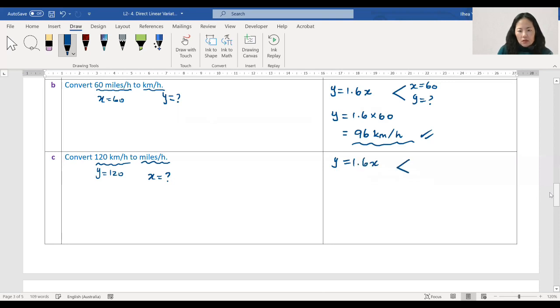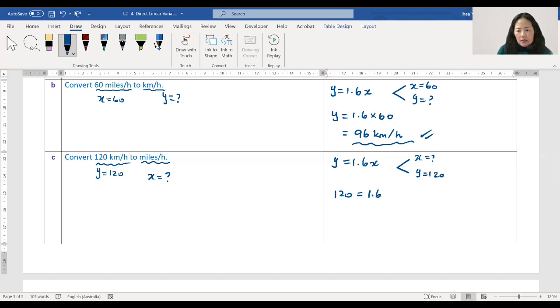We don't know what x is, but we've got y equals 120, so I'm going to substitute that in. 120 equals 1.6x. I'm going to move 1.6x to the left, 120 to the right, and then divide by 1.6 on both sides. My x will become 75. Now be careful with your units. We're looking for miles per hour. So that's what we got.